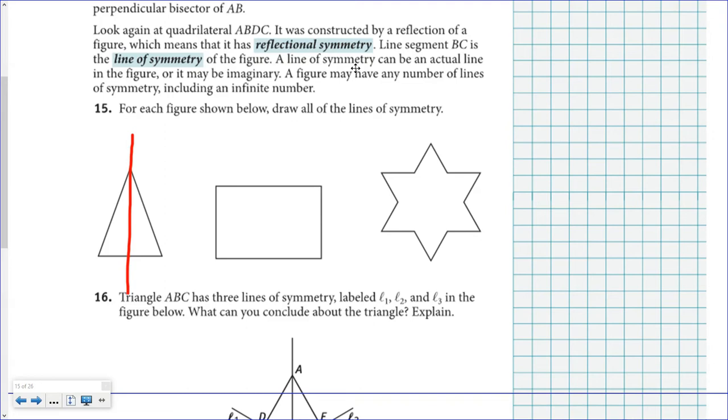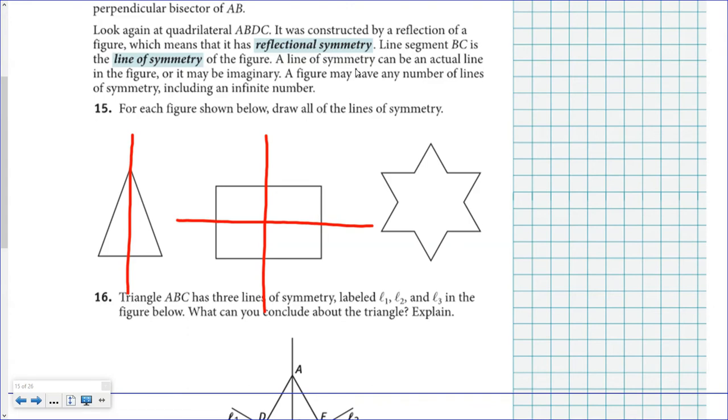And if you're looking at it going, I think it has more, I'm going to show you in just a moment with our patty paper how we can verify that it's only one. For the rectangle, it has a vertical line of symmetry and a horizontal line of symmetry. And again, some of you may be thinking it has other lines of symmetry, and I'm going to show you in just a minute how you can verify that.